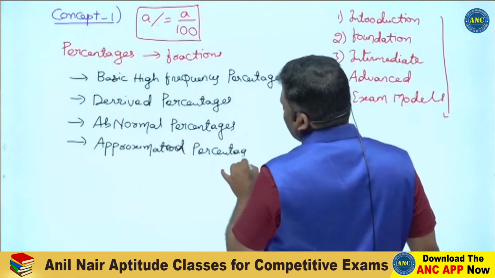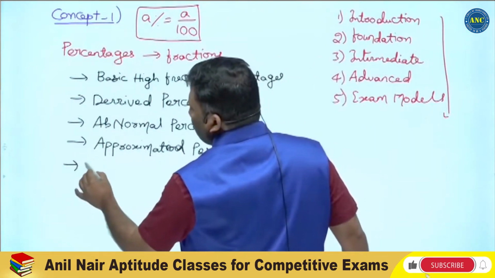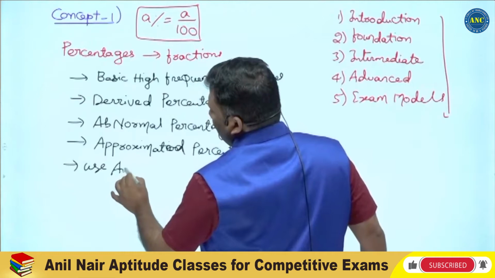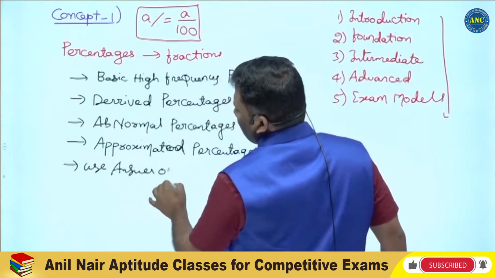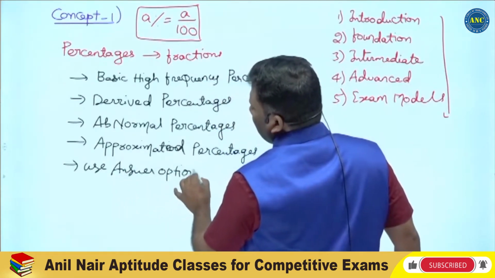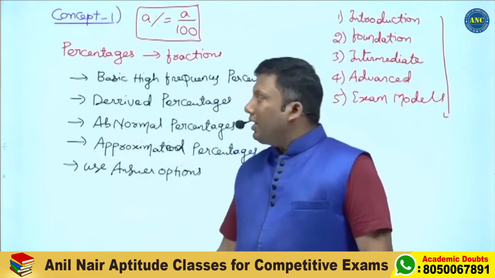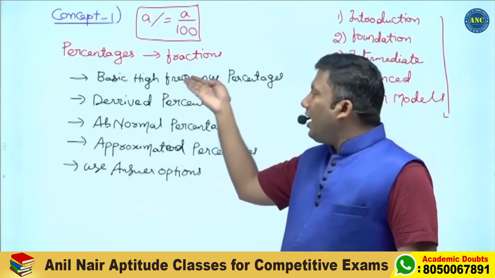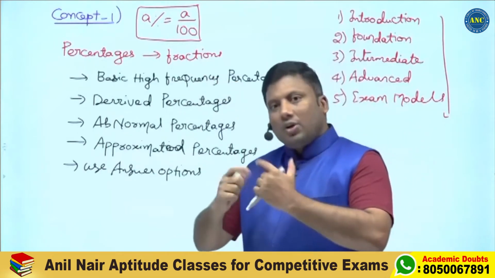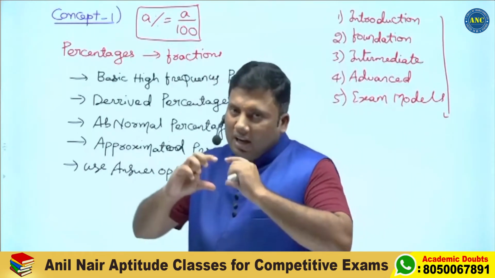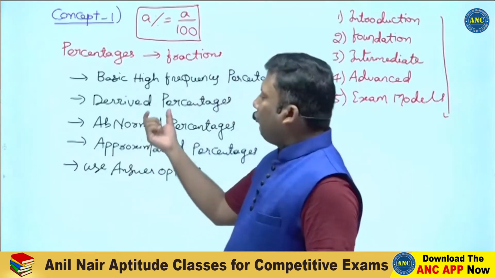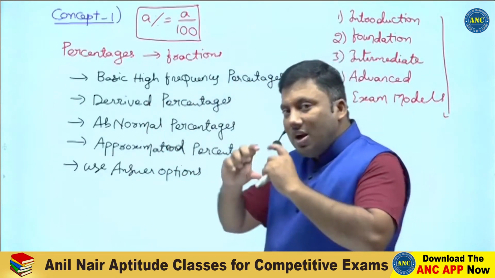Then how to use answer options. These are the 5 things which we have to make a note of. One is basic high frequency percentages: 20% is 1 by 5, 25% is 1 by 4. Then derived percentages.